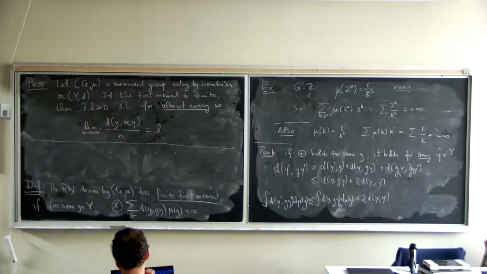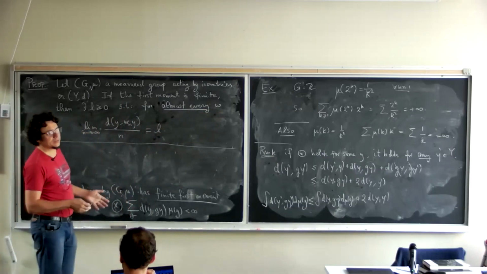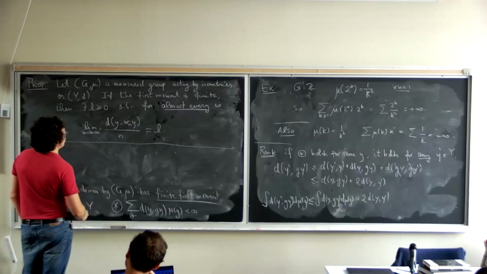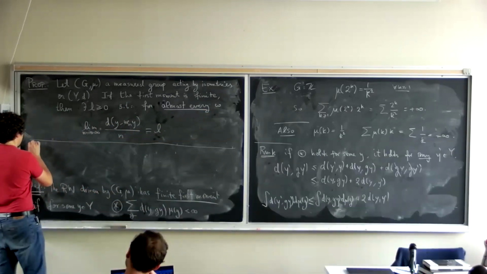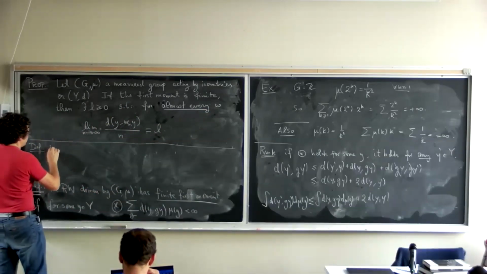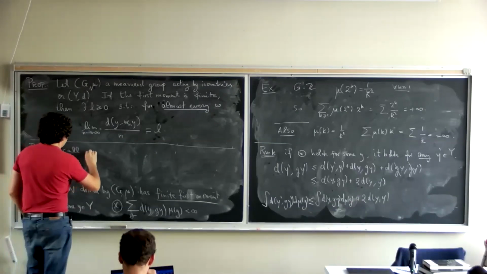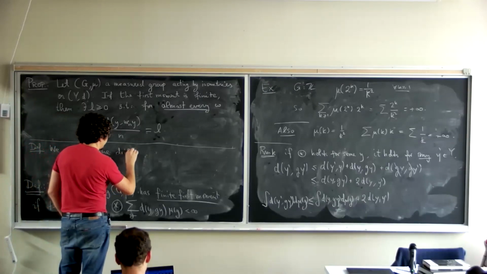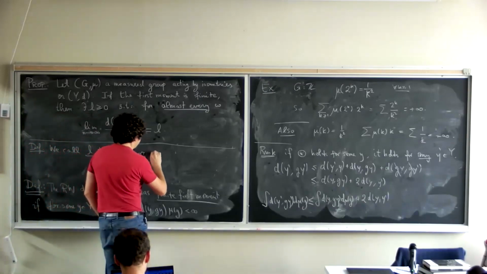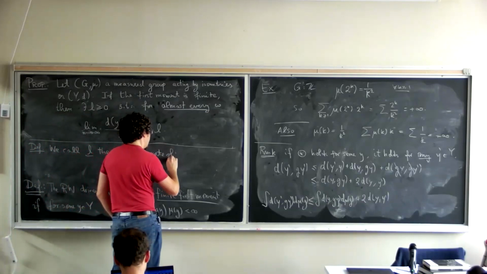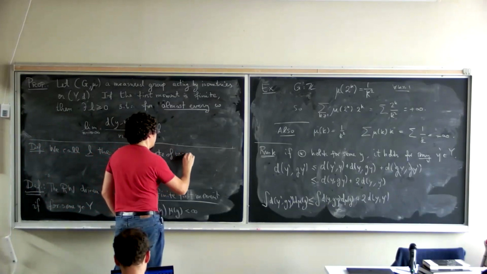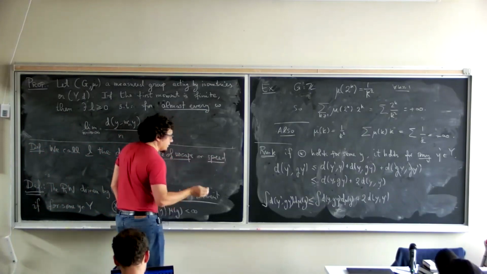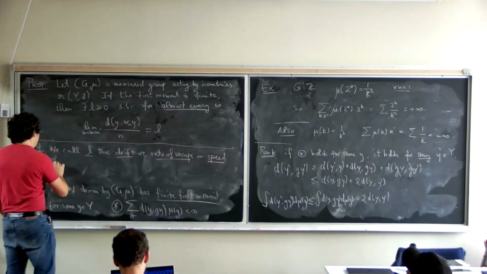Well, again, it does, but for a full measure set of paths you always get the same number. So we call L the drift. I usually use the name drift or rate of escape or speed. It's literally just the speed of the random walk.